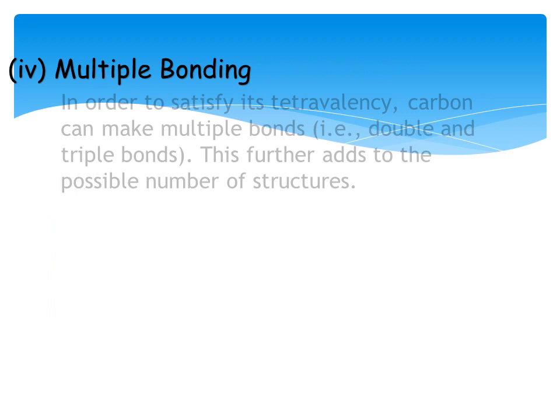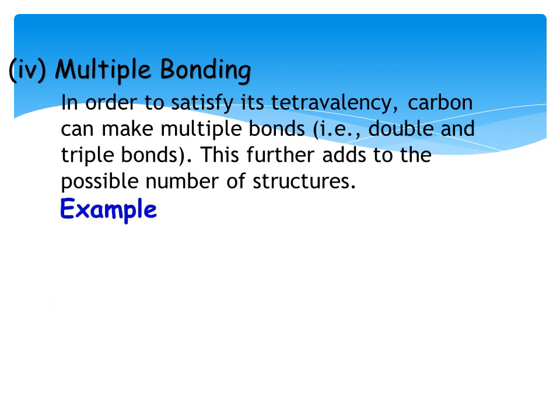The fourth basic reason is that though carbon is tetravalent, it can form multiple bonds. In most examples we see that carbon shares a single bond with another carbon atom, but there is a possibility that carbon forms double or triple bonds.